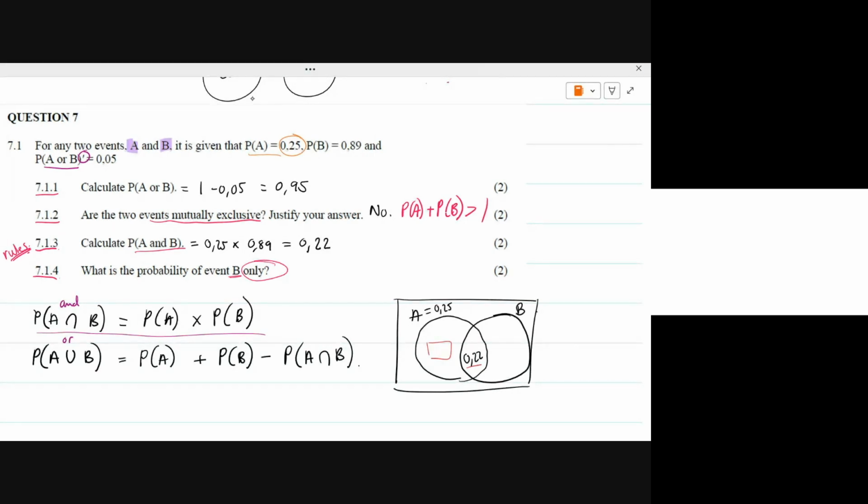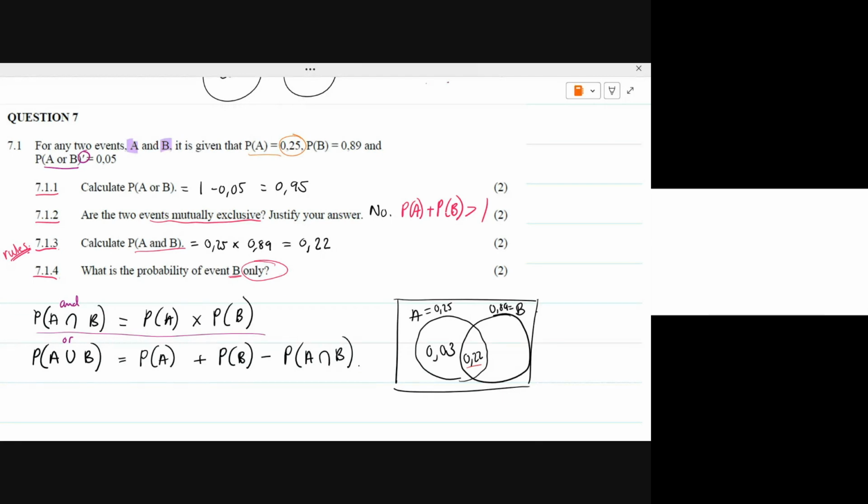Okay, am I making sense? Yes? Okay, good. So I know that this part here will then have to be 0.03.